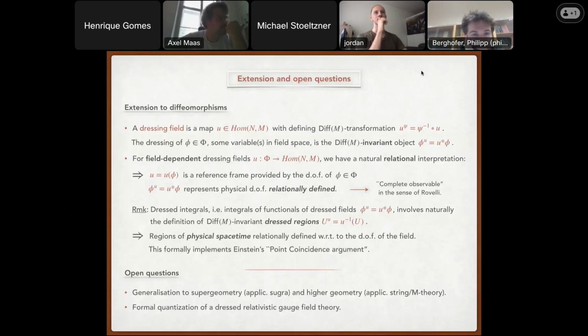It's uncoupled to all the other fields, and I postulate some transformation properties for it under the gauge transformations, and now I have this bigger kinematical field space, but I can still use this fairy field to find a dressing.